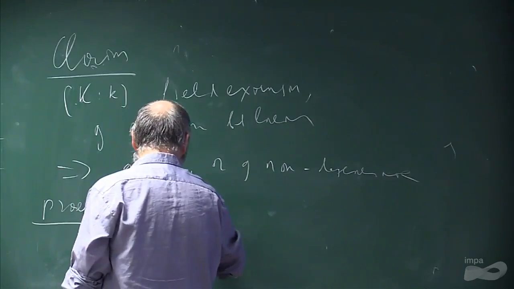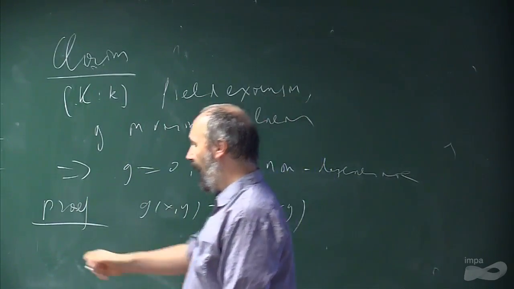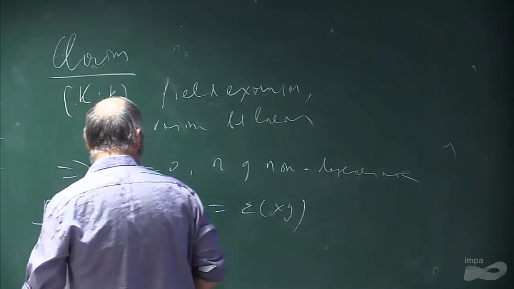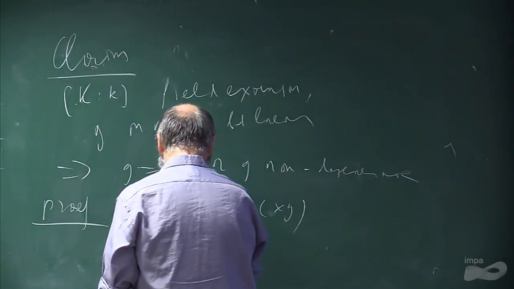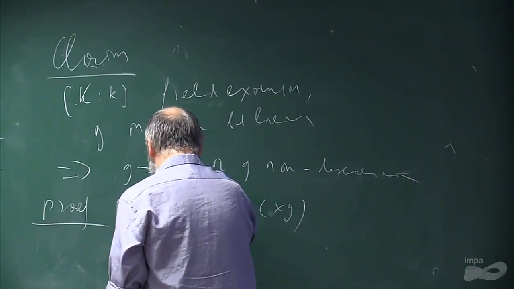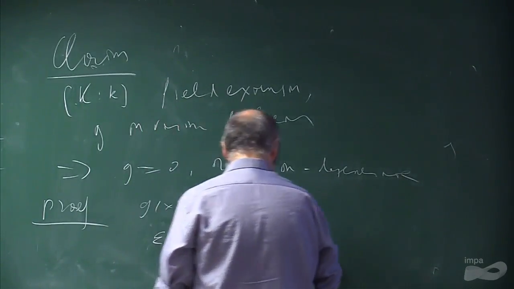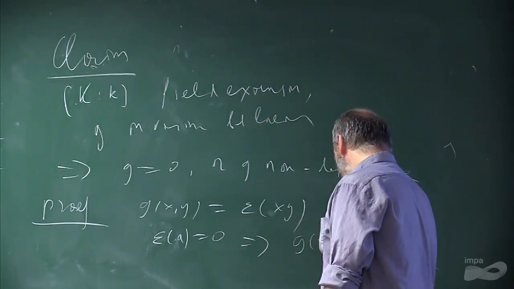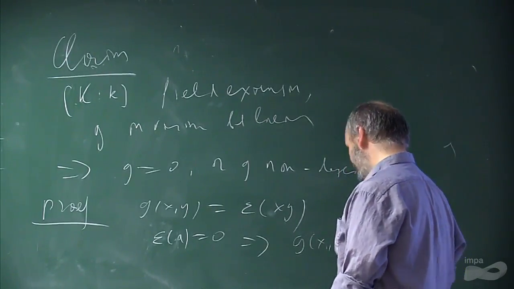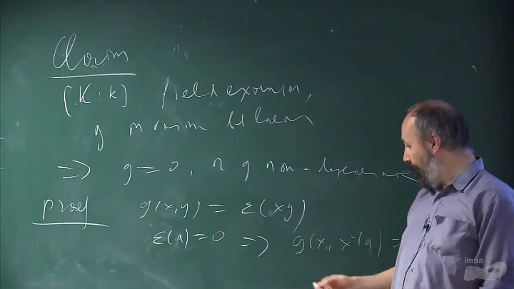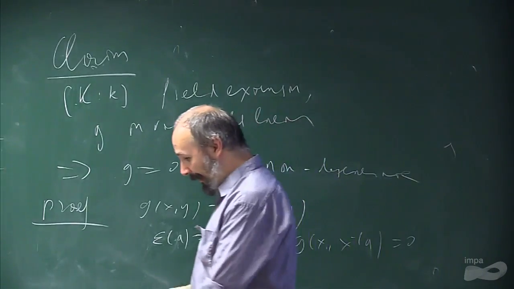G of xy is equal to epsilon of xy. Something we have already done, right? Now suppose epsilon of a is non-zero. Then G of x^(-1)a is non-zero. So for each x, there exists another element such that their pairing is non-zero.